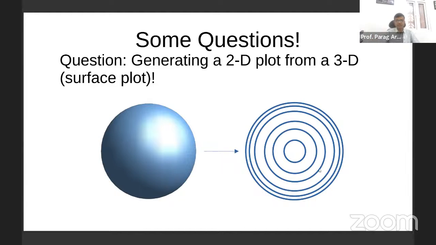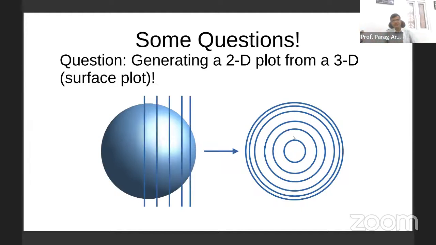So how do you get all these circles? How come all these circles are correct solutions, 2D equivalents of this sphere? Essentially, you are taking the sphere and cutting it. Now if I cut the sphere from this far right plane, I'm going to get a small circle.